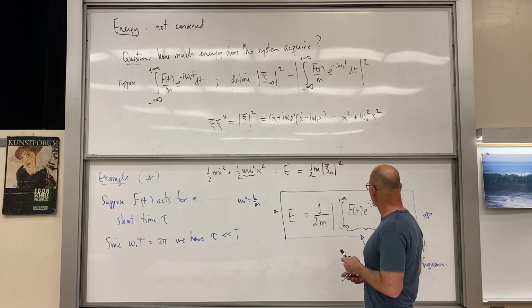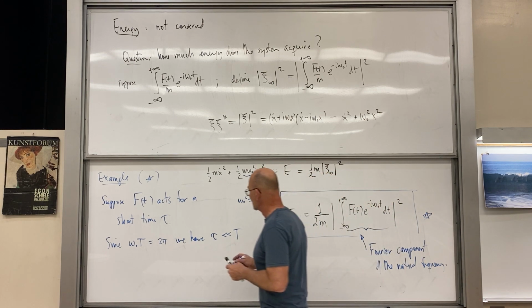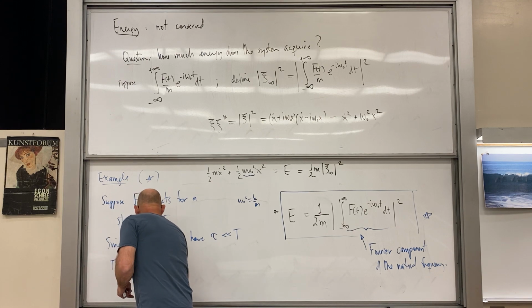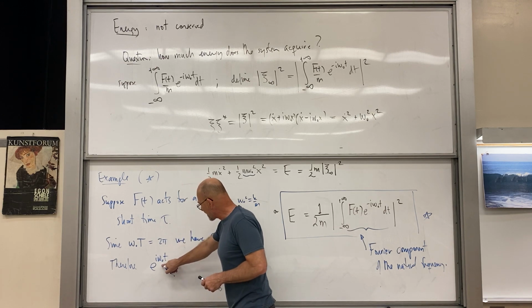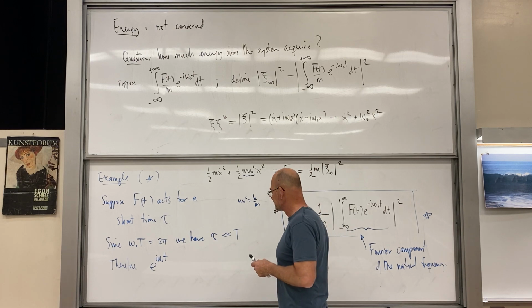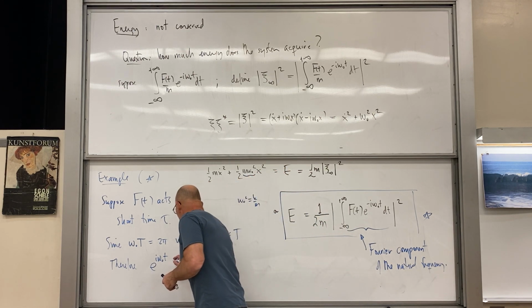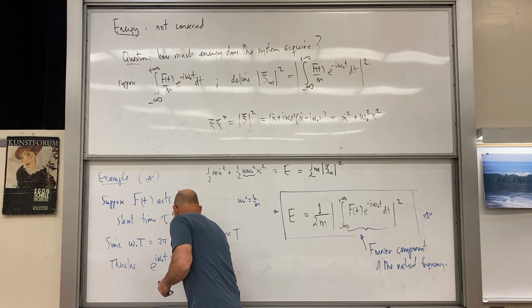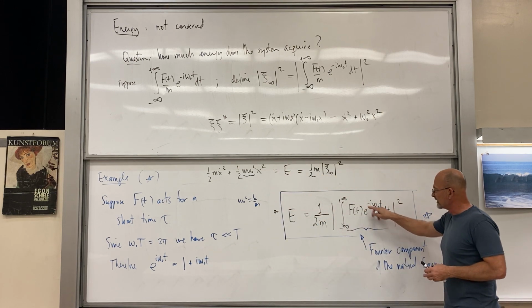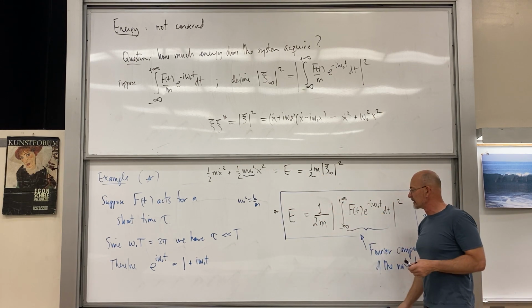And in that case, therefore, e to the i omega naught t, where omega naught t is much, much less than 1, is approximately equal to 1 plus i omega naught t in this integral here, because the boundaries of integration are going to be so short.